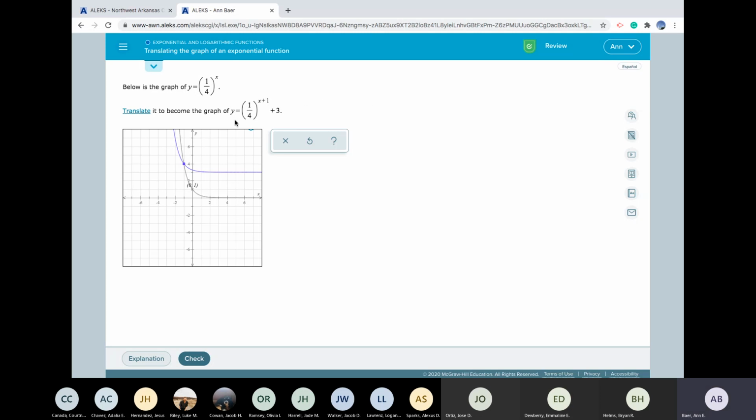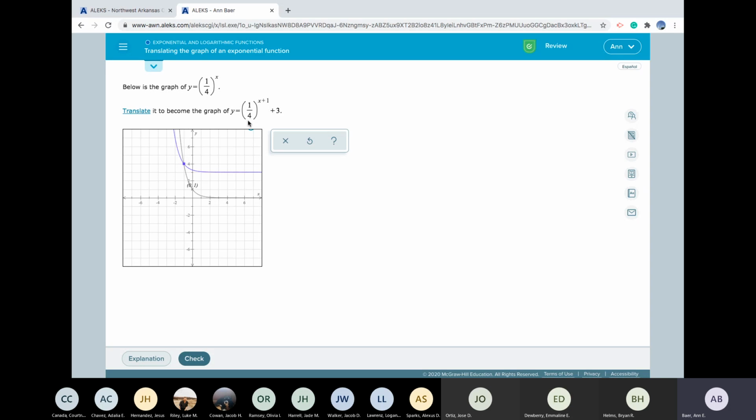So I want to look at this side, 1/4 raised to the x. We think x is -1. -1 plus 1 is 0. So put 1/4 in your calculator now, with parentheses, 1 divided by 4, just like you see it.